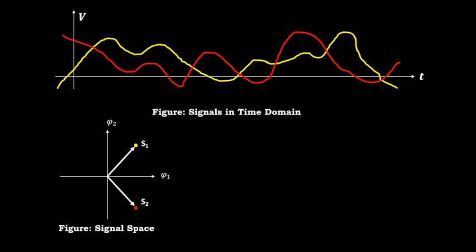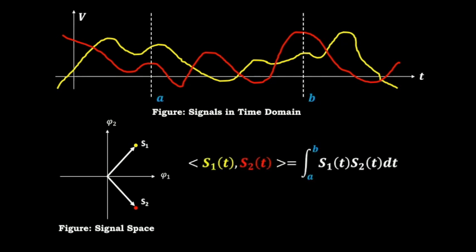Now, if you're going to represent signals in a vector domain or in a signal space, then we can also perform what we call the dot product on these two signals or these two vectors. If we are going to perform a dot product on these two vectors, it can be represented in this given notation, wherein they are enclosed in less than and greater than signs.